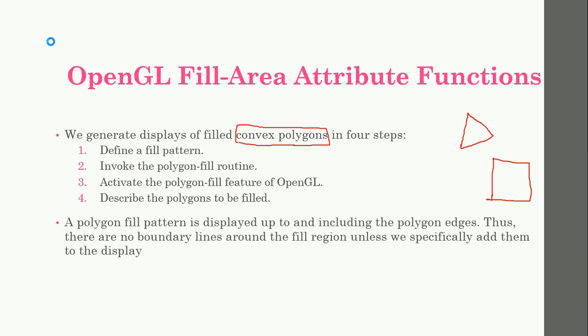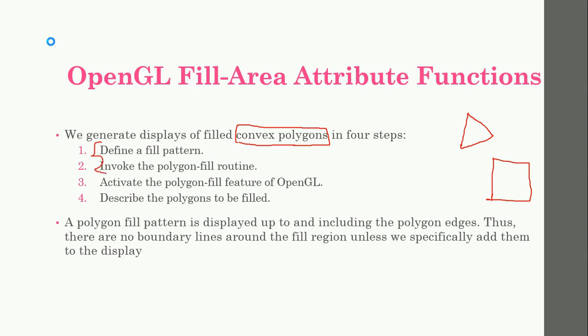Next is to invoke the polygon fill routine. After this you have to invoke that particular polygon function, and next you activate the polygon fill feature of OpenGL. So before activating, you have to define and invoke the polygon fill routine.